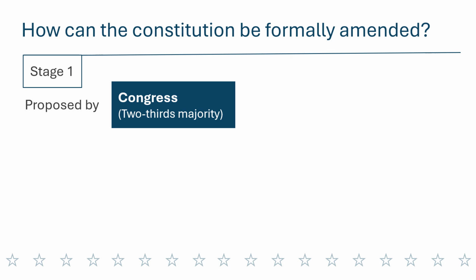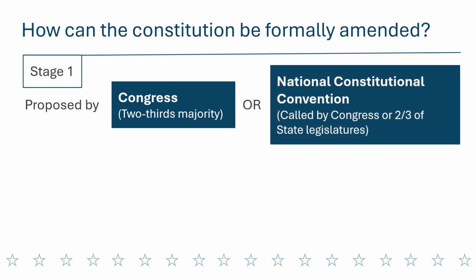Or secondly, a national constitutional convention can be called to propose an amendment. A national convention can either be called by Congress or by 2/3 of state legislatures. All amendments so far in American history have been proposed using the first method, with Congress initiating the process.